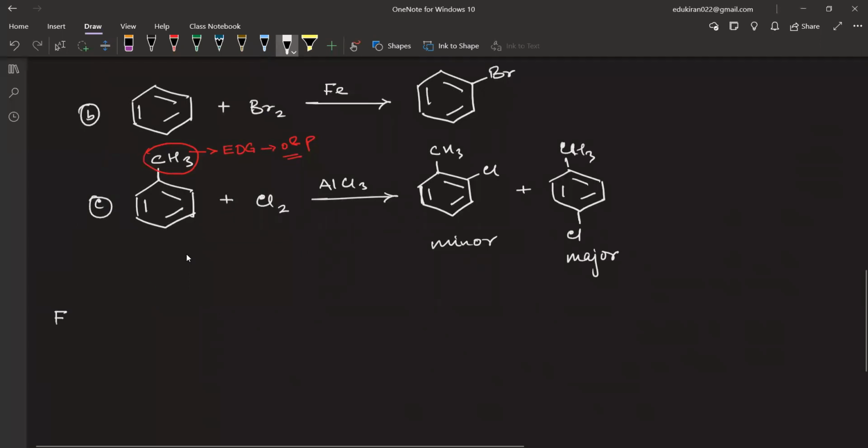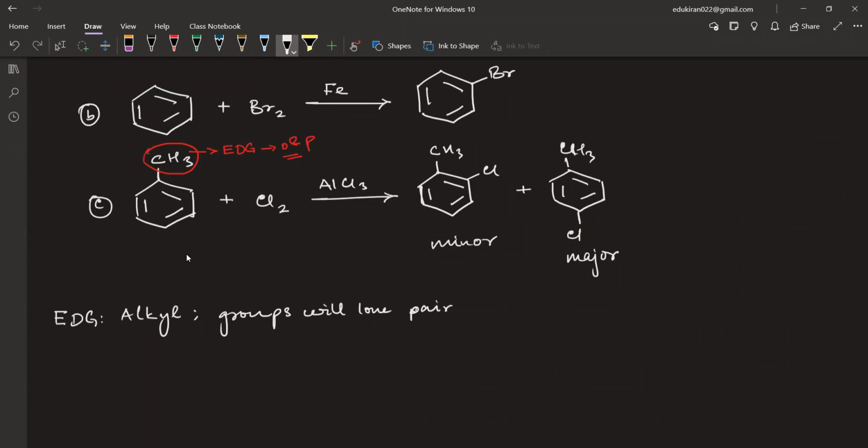Now, the electron donating groups are all the alkyl groups. They will be electron donating, and the groups with lone pair on the atom attached to benzene.